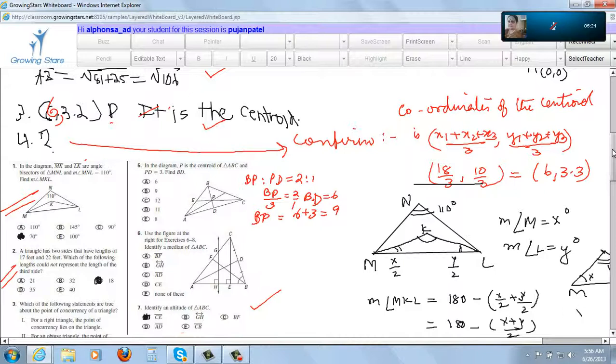So what will be x plus y? x plus y would be 180 minus 110, which is 70. So x plus y over 2 would be half of 70, which is 35. So I can substitute 35 there, and I get the answer 145.